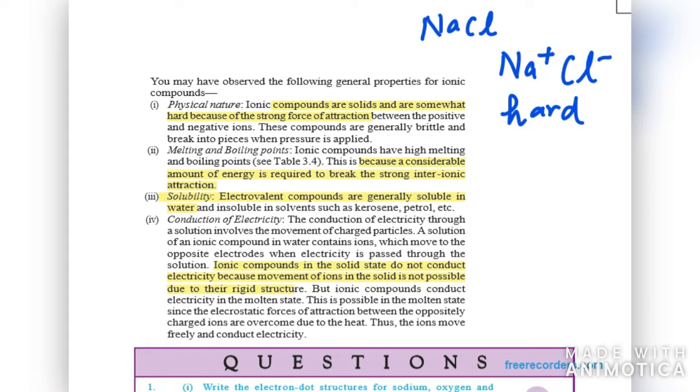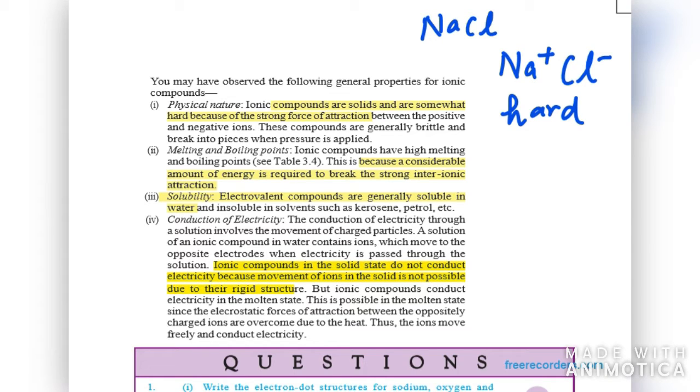So, if the ionic compound is in molten state, then it can have some charges which can actually cause conduction, and these ions are actually helpful in conducting electricity. So if ionic compound is in water, therefore it can conduct electricity.